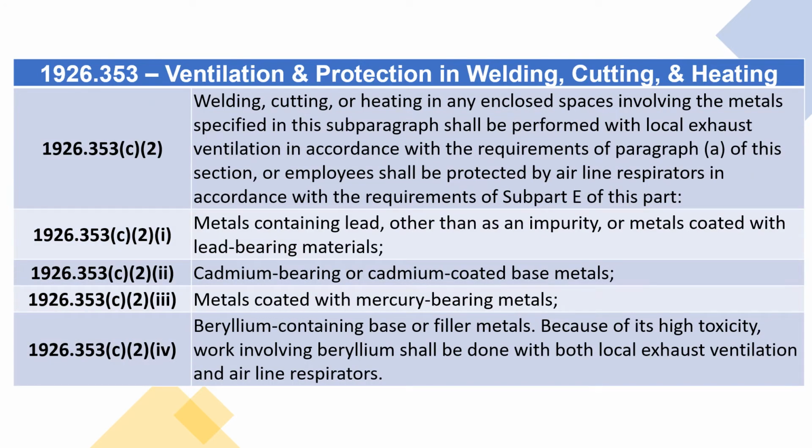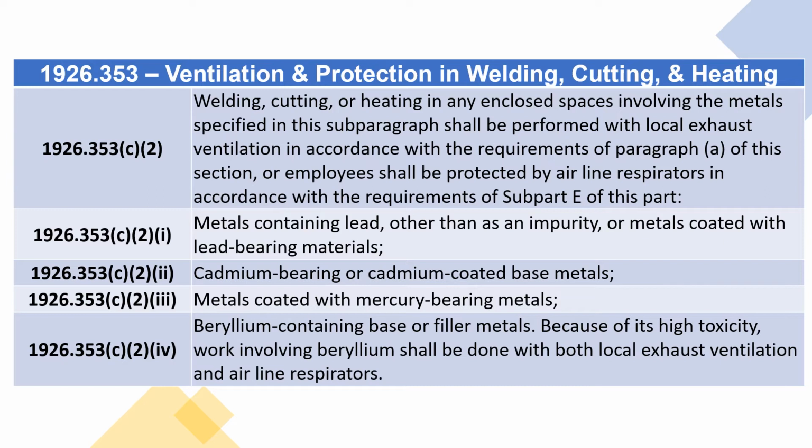C.2. Welding, cutting, or heating in any enclosed spaces involving the metals specified in this subparagraph shall be performed with local exhaust ventilation in accordance with the requirements of paragraph A of this section, or employees shall be protected by airline respirators in accordance with the requirements of subpart E of this part. C.2.1. Metals containing lead, other than as an impurity, or metals coated with lead-bearing materials.